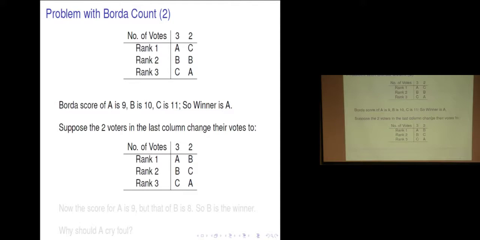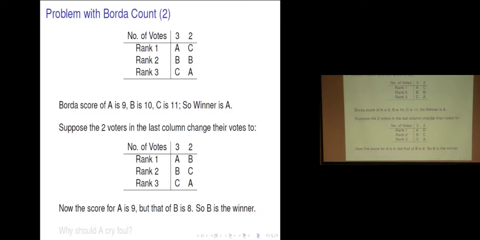Now here, imagine another scenario. Suppose 2 voters in the last column, somehow the 2 voters here change their vote to, instead of have C B, they have B C. They swap their preference of B and C. It didn't change A. A remains there, and they only change B and C. Okay. So now if you do this change, somehow the points for B become smaller, right?